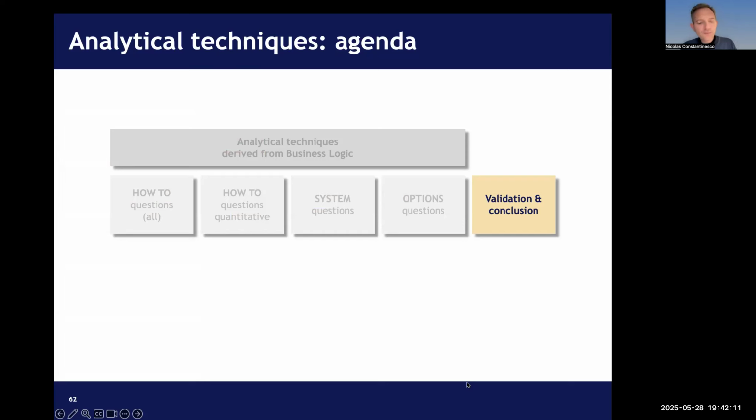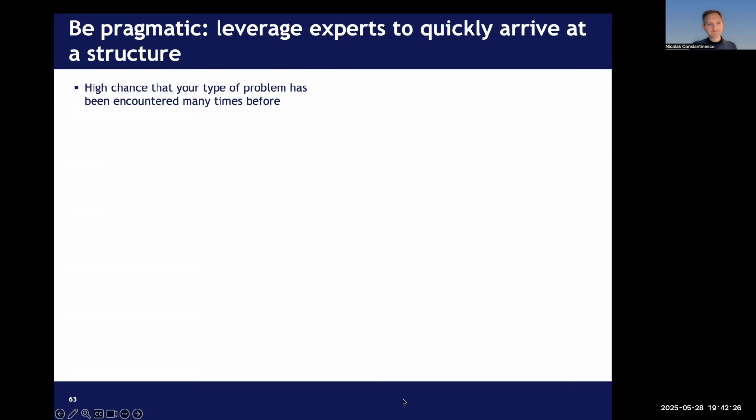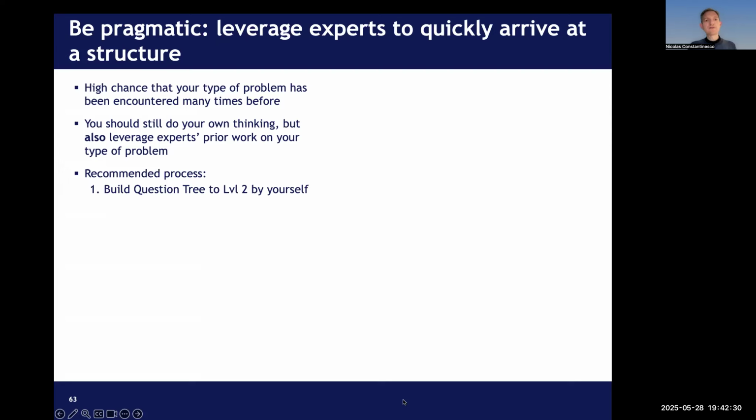And so we want to be thinking about our problems and not outsourcing the thinking to people, including AI. So my recommended approach is here: first build your question tree by yourself. Do yourself that favor. Use your brain, train your brain, use your muscles.